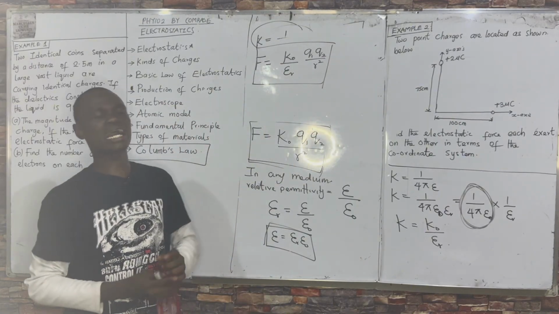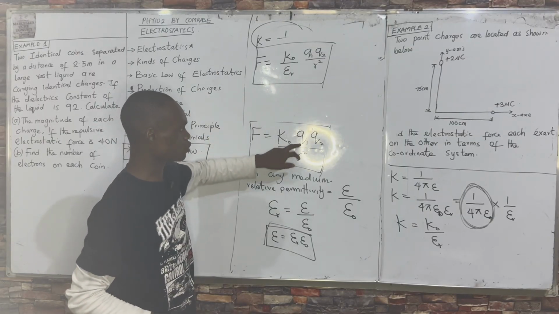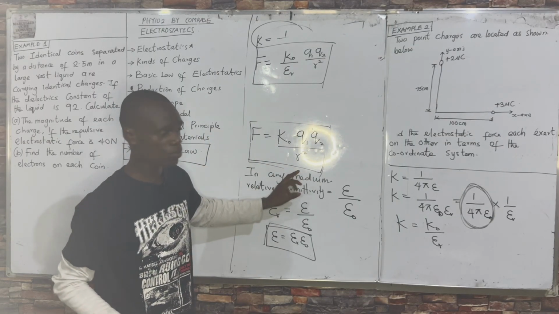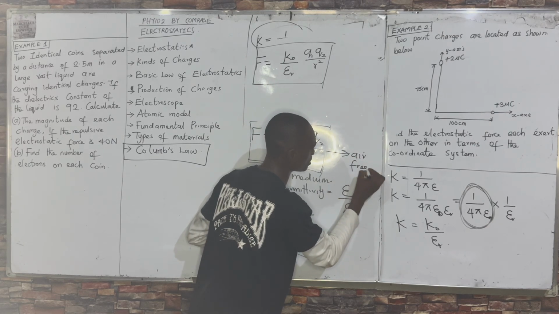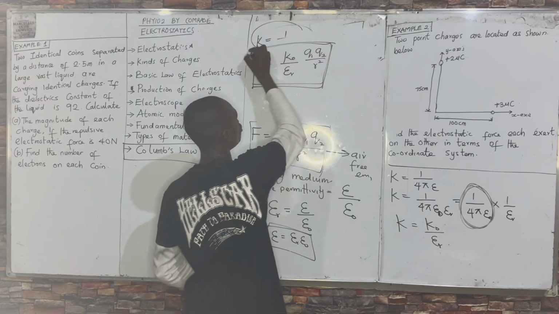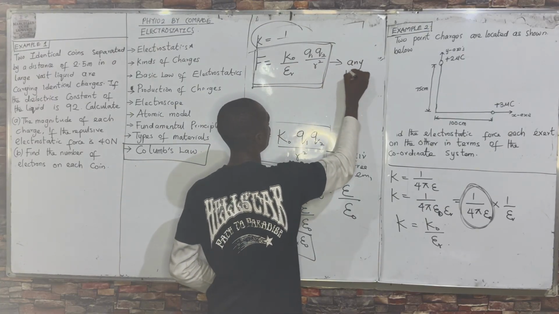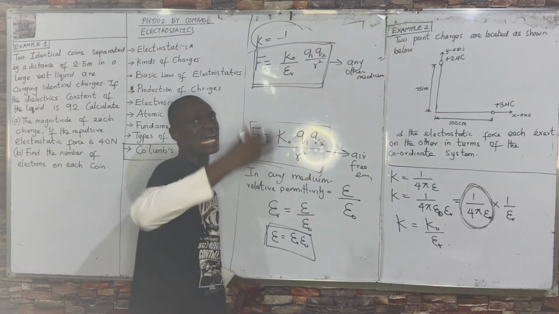So you must have in mind that there are two formulas. The first one is F equals K naught Q1 Q2 over R squared. You use this when the interaction is in air, free space, empty space, or vacuum. Is that clear? The second one, you use if the interaction is in any other medium. How do you know that there is another medium?